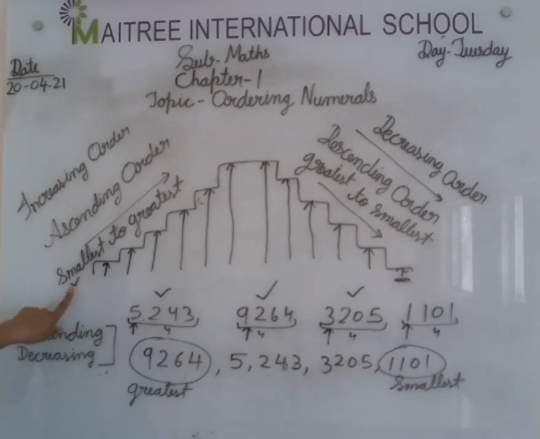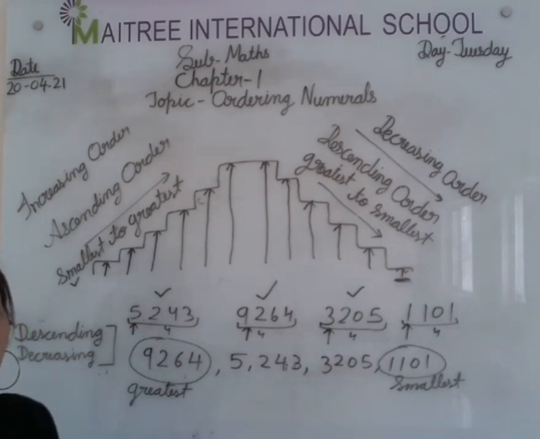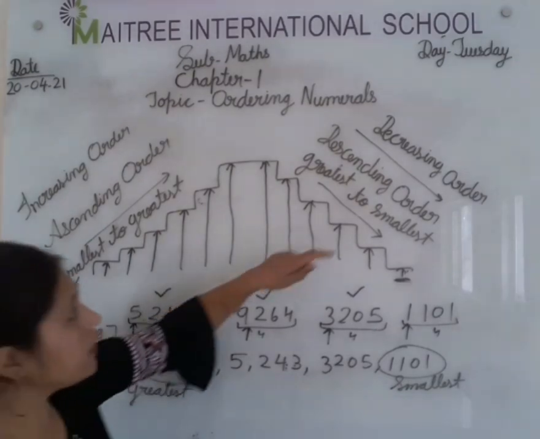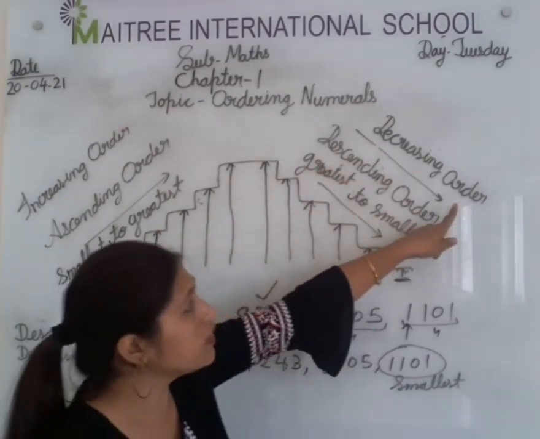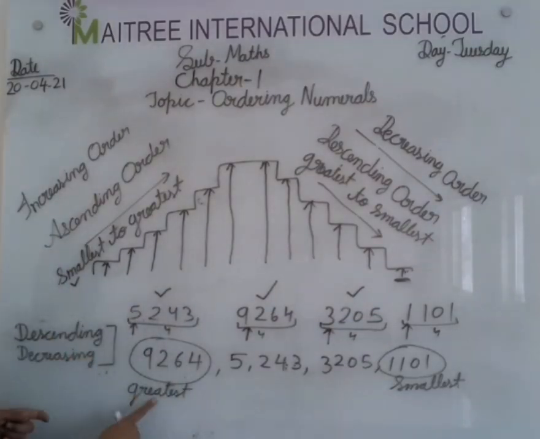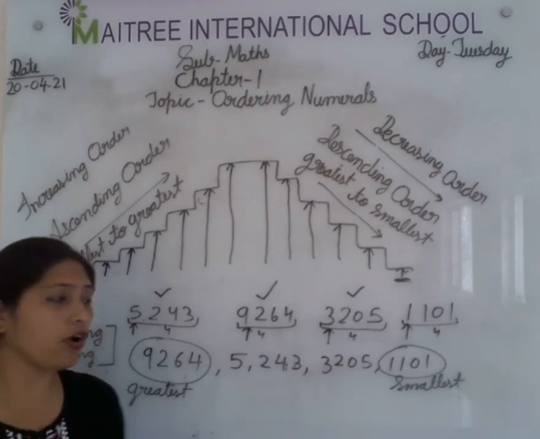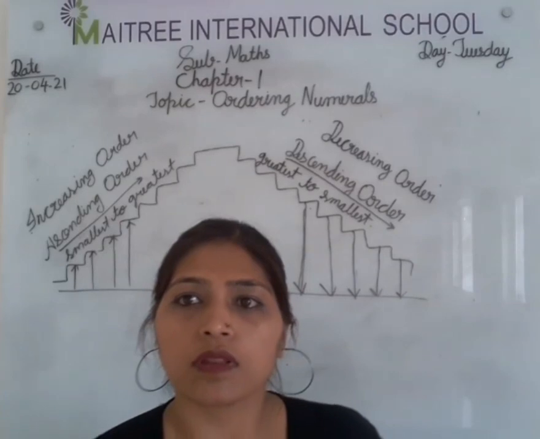First we need to write the smallest. जब हमें इंक्रीजिंग में अरेंज करना है, we have to arrange the numbers in increasing order. आपको बस स्मॉलेस्ट नंबर देखना है और लिखते जाना है. Automatically at the end you will get the greatest number. And while you are writing the numbers in decreasing order, you just have to find the greatest number. आपको बस ग्रेटेस्ट नंबर देखना है और लिखते जाना है. Automatically you will find the smallest number at the end.